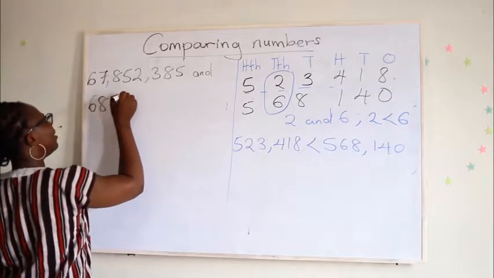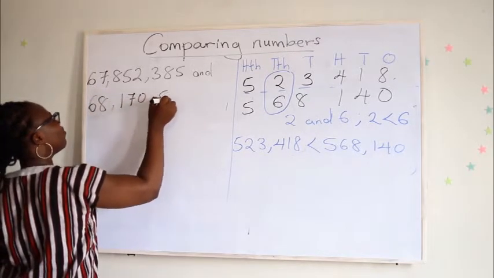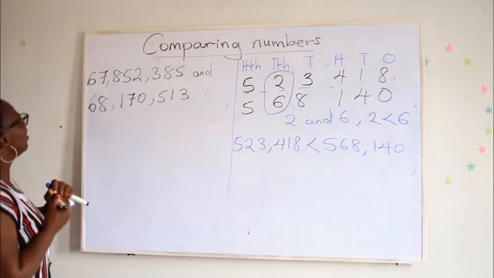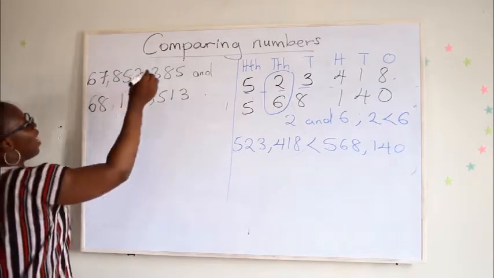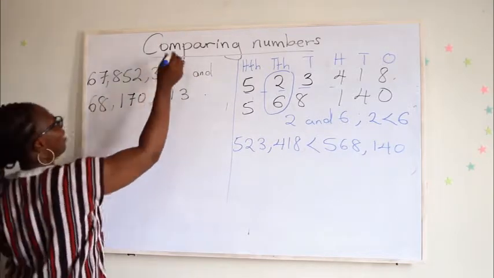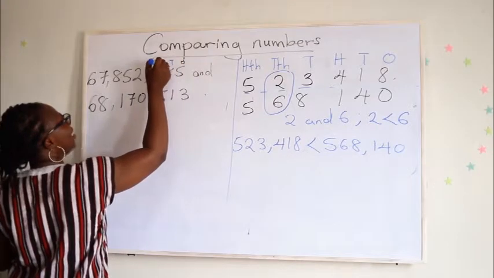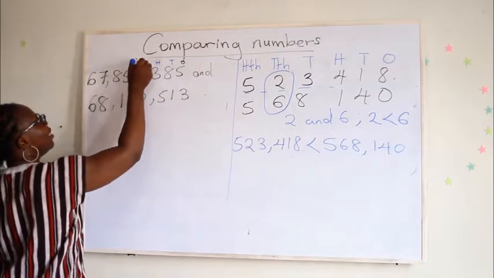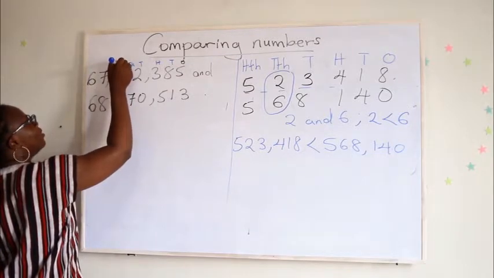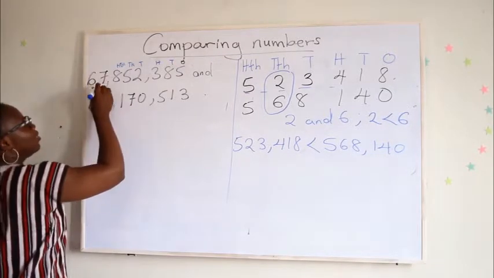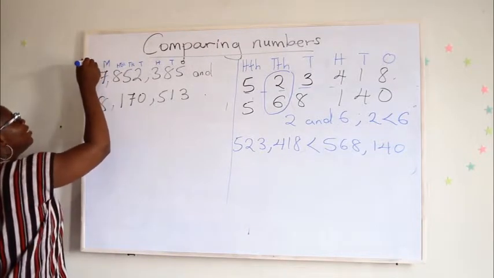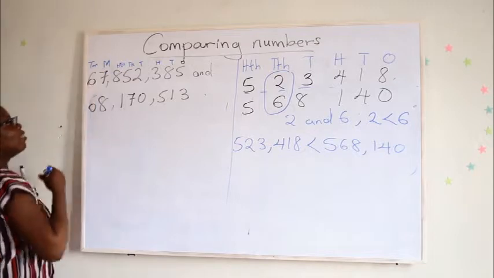Let's see what we are getting. So I have ones, tens, 100, 1,000, 10,000, 100,000, then thousand. This is going to be what? Million. Then what? 10 million.